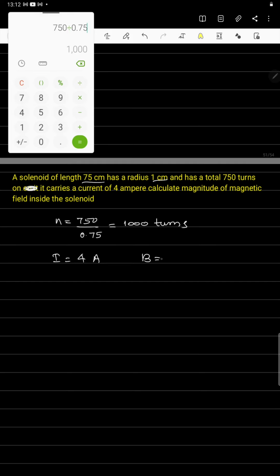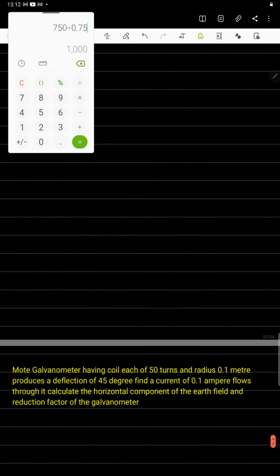So calculate the B. This is also an assignment question.